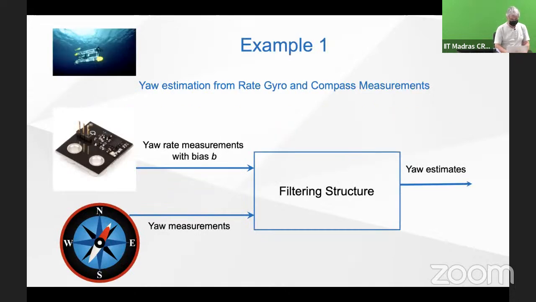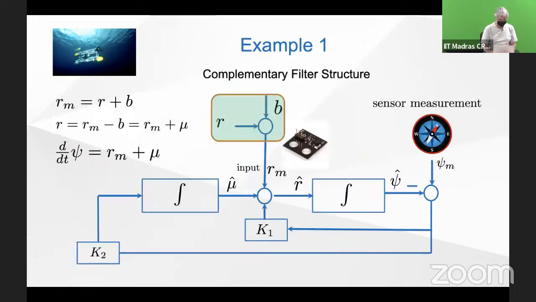Okay, so the first example is exactly the one I mentioned to you, where you want to do your estimation from rate gyro and compass measurements. So you have your rate measurements and your compass measurements, and you get your estimates. So remember the structure. Here we are providing estimates of psi, the heading angle.